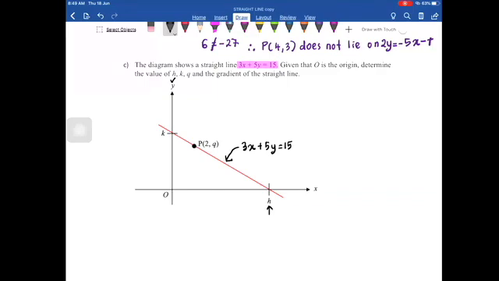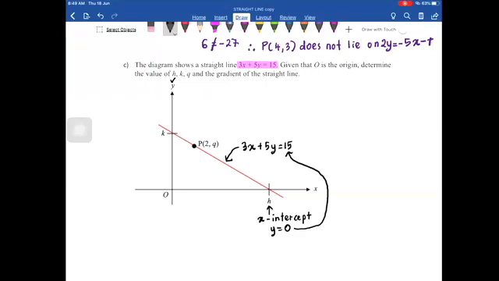X-intercept. Exactly. So this is the x-intercept. So when x-intercept, the value of y is equal to 0. This is what you learn in form 2. I just substitute y equals 0 into my equation.